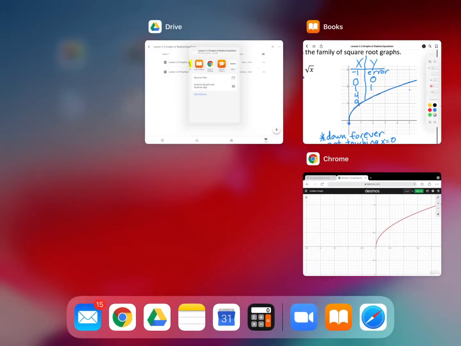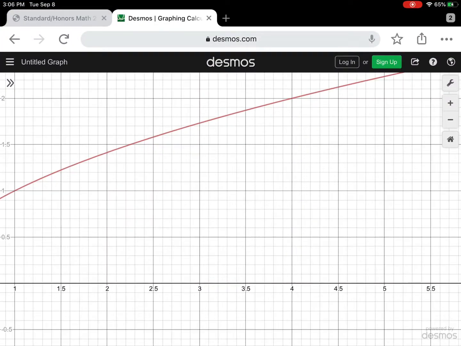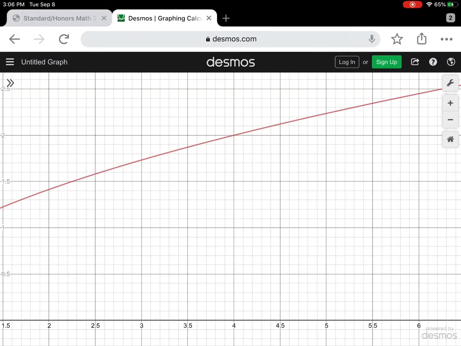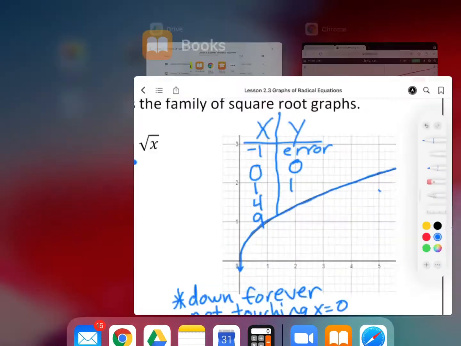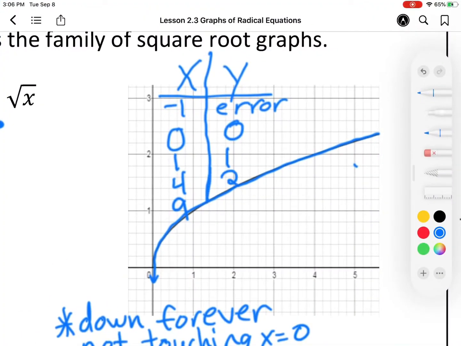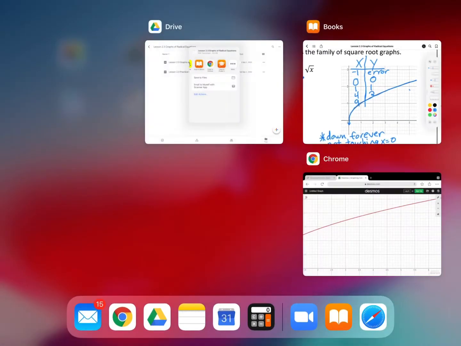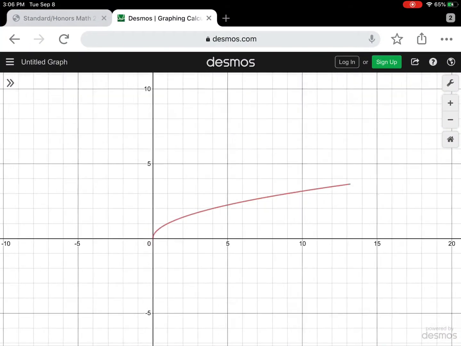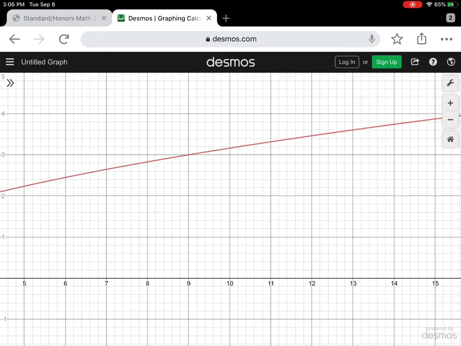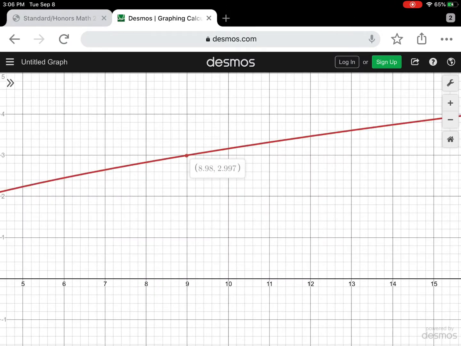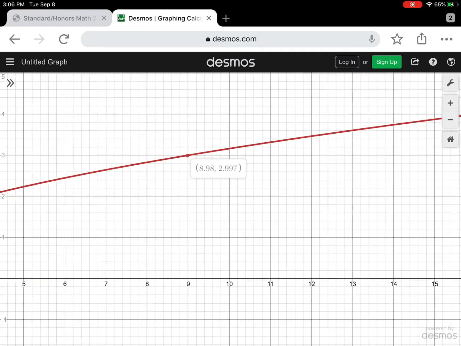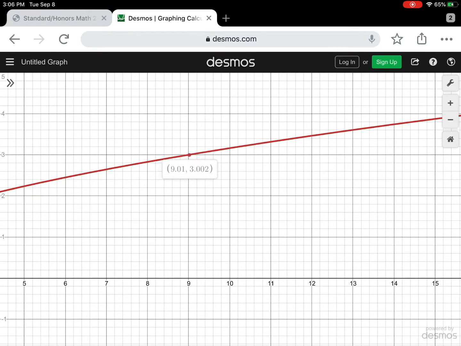Where x is 4, y is 2, and where x is 9, and hopefully you can see a little bit better than I can.